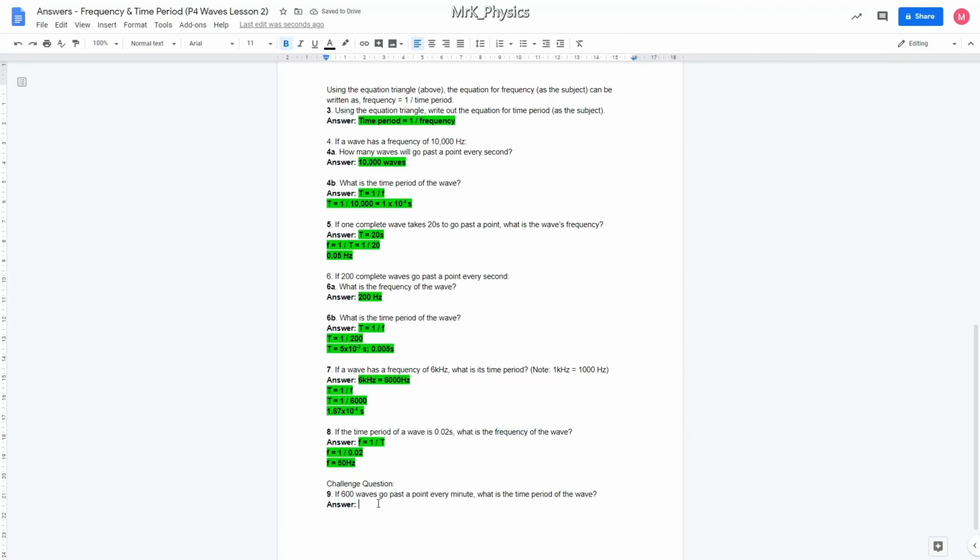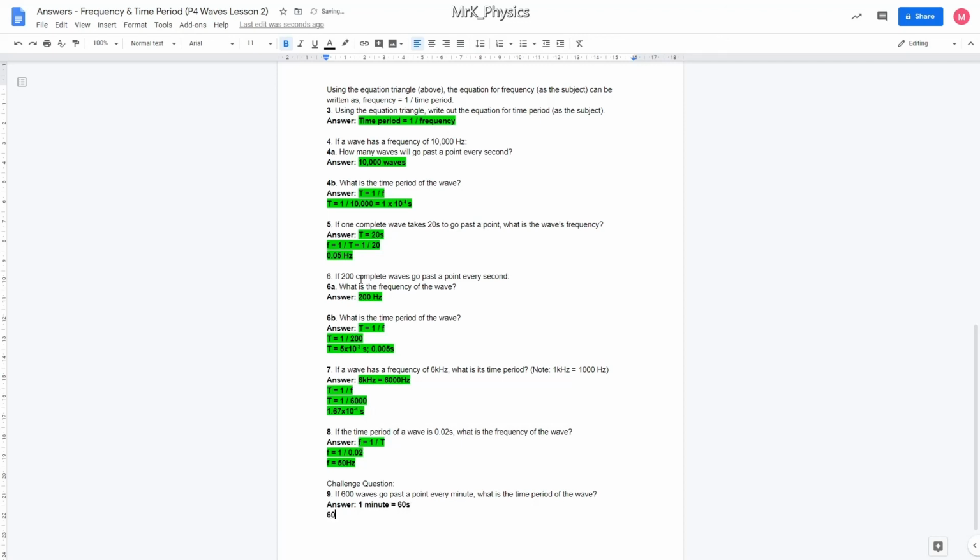And last of all, the challenge question, which you may or may not have tried, but we'll go through it anyway. If 600 waves go past a point every minute, what's the time period of the wave? So note this time it doesn't just say 600 waves pass a point every second, like we had in 6a, 200 complete waves go past a point every second, and we just knew it was 200 hertz. 600 waves in a minute. We want to get it per second. So you have to think about our first conversion. 1 minute equals 60 seconds.